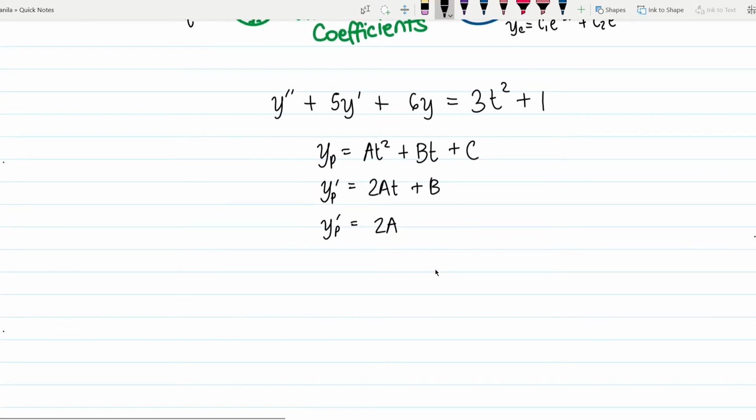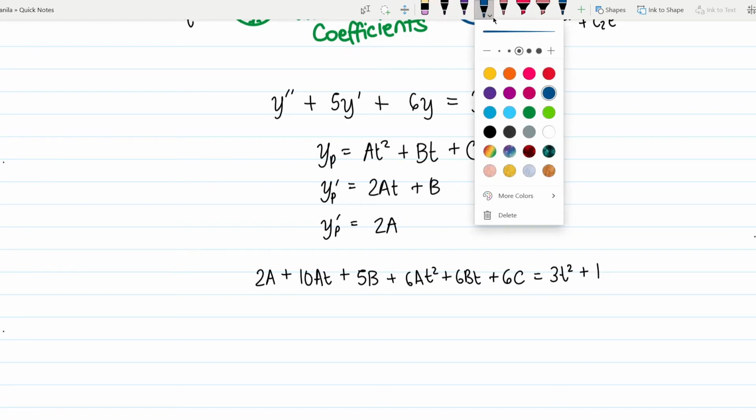And so we plug that in again, we're going to get 2a, ito na yun, plus 5 times this, which is going to be 10at plus 5b, right? And then our 6y, which is just this. 6 pala. 6at squared plus 6bt plus 6c is equal to 3t squared plus 1.